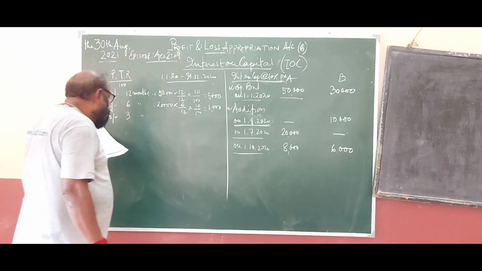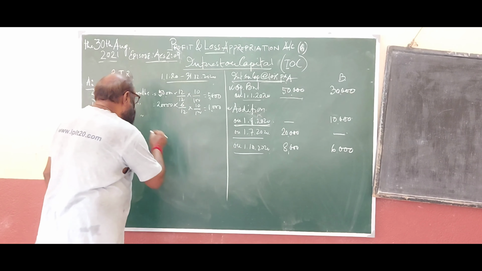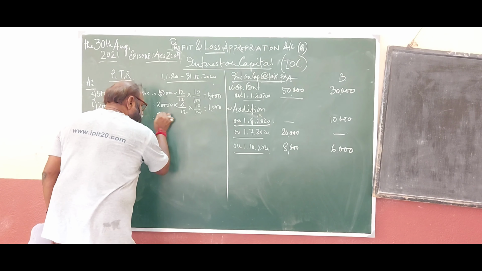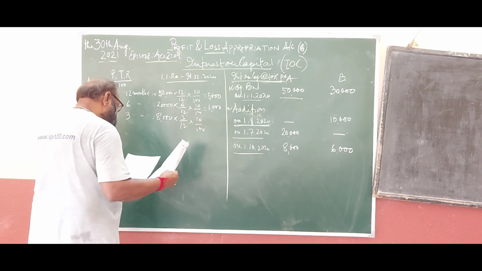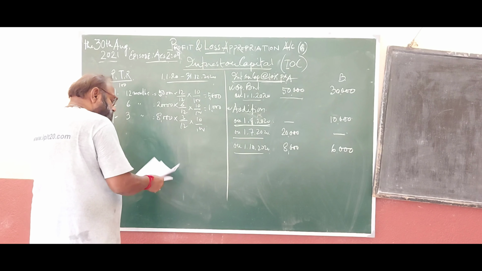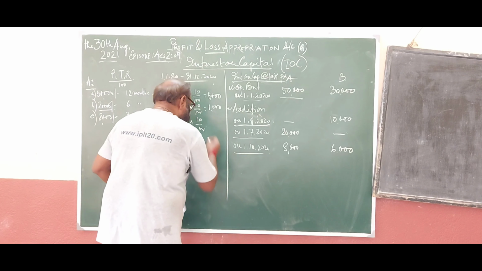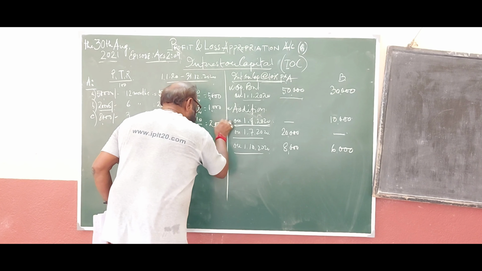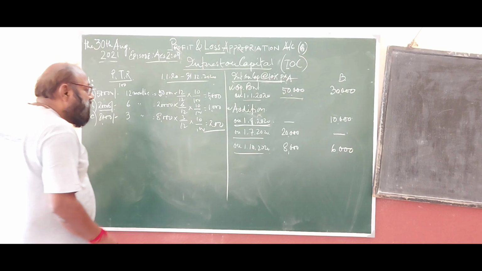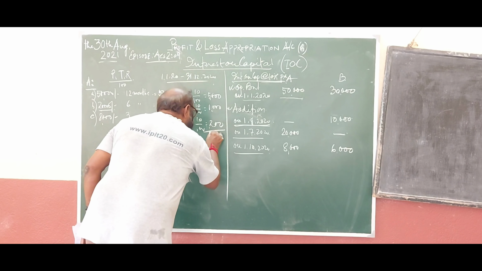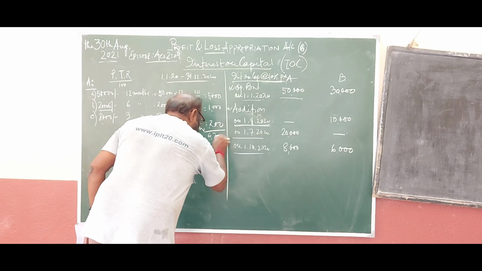So it has worked in the organization for 3 months. So it is 8,000 for 3/12 and 10%. So how it should be? It should be, friends, 200. So the total interest on capital to be given to Mr. A is 6,200.